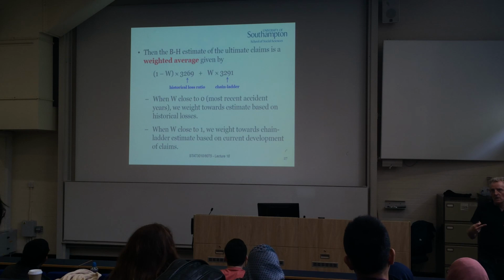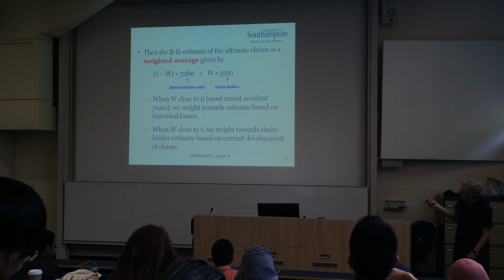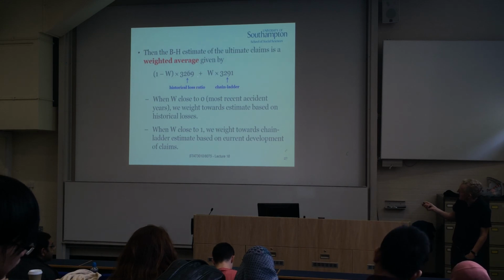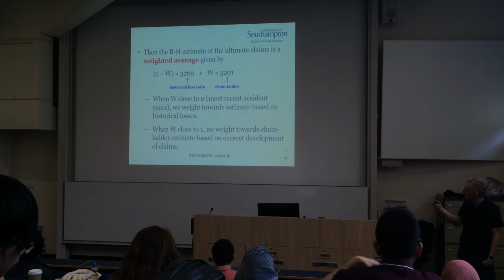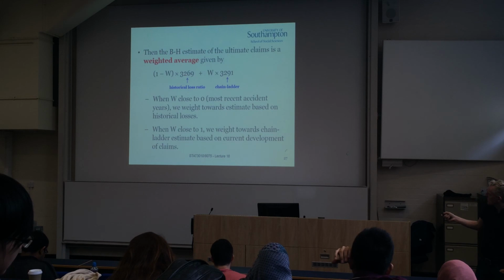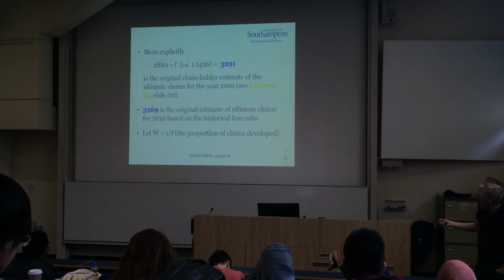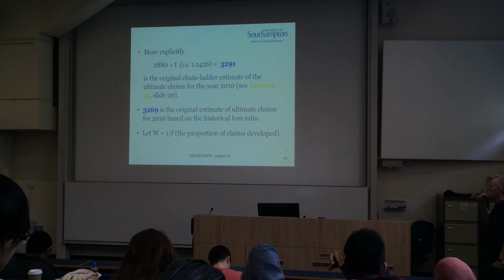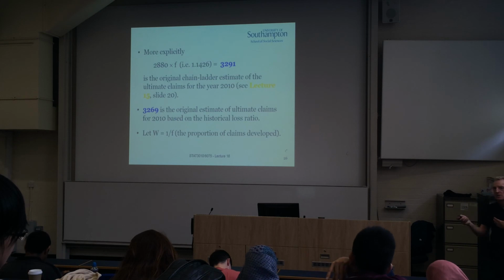So our Bornhuetter-Ferguson estimate comes out to be this weighted estimate of our original chain ladder estimate, which was 3291, and the historical loss ratio estimate, which was 3269. The weights are governed by W, which is 1 over F. So W is the proportion of the claims that have already developed.